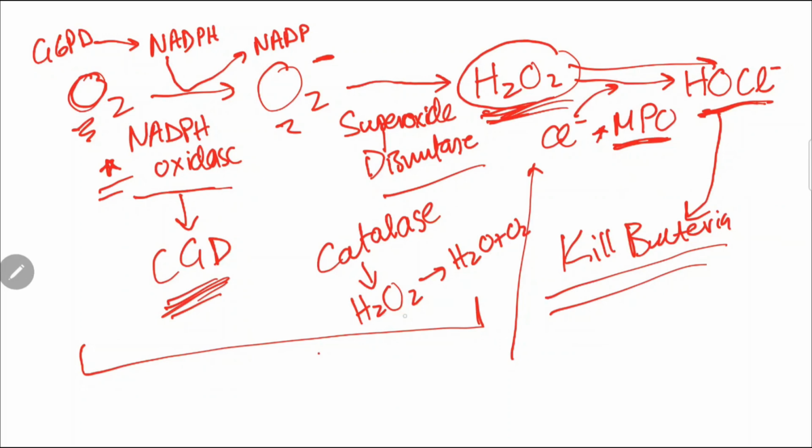Because they degrade their own hydrogen peroxide, and because they degrade their own hydrogen peroxide, the neutrophils cannot snatch it and use it to make hypochlorous acid, and that means that you cannot kill that bacteria. So the main point is that patients with chronic granulomatous disease have an increased risk of being infected with catalase positive organisms, and I'm going to talk about this in detail later on.